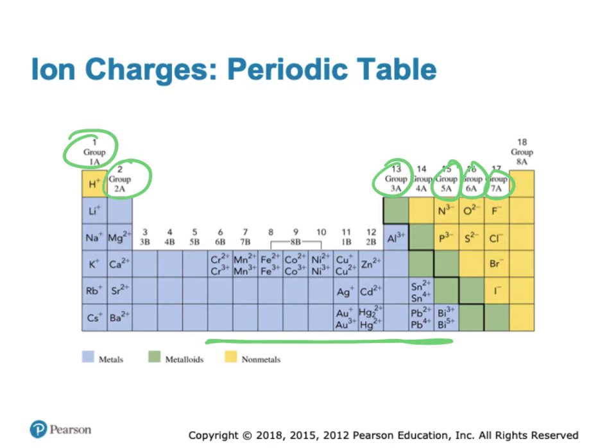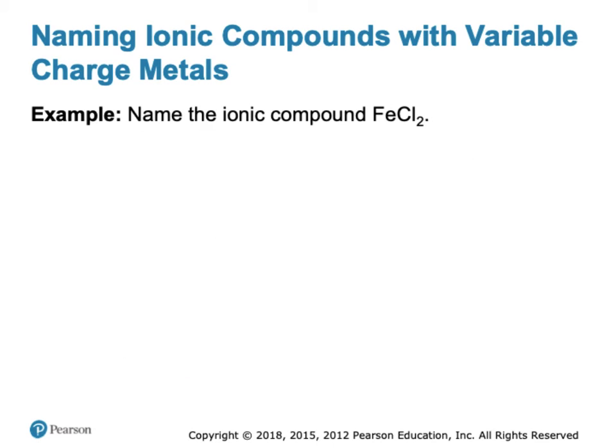Right now we're simply looking at binary compounds where you have a metal and a non-metal. You can also memorize that silver is always Ag+, zinc is always Zn2+, and cadmium is always Cd2+. So let's name the compound that has the formula FeCl2.